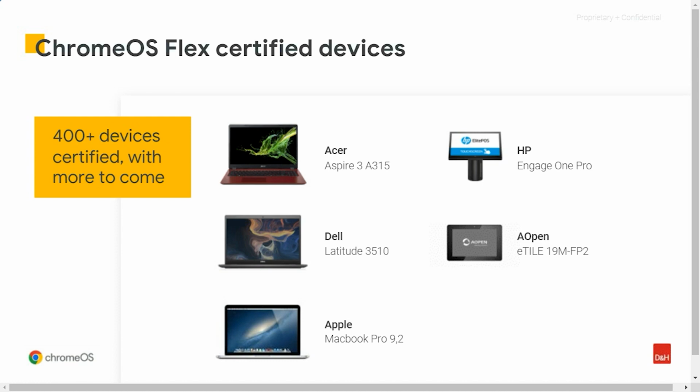I just wanted to highlight one in this list, which is the HP Engage One Pro. That one was by a very large global furniture company. They wanted to use that device. It was not listed, but then they came and they told us, and let's just say we put it together.